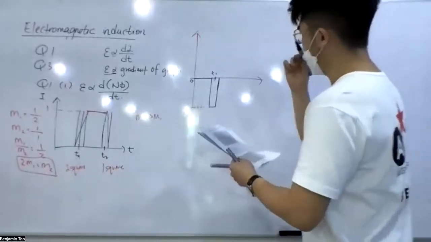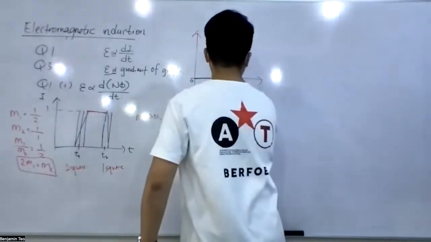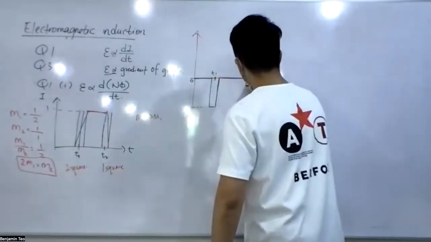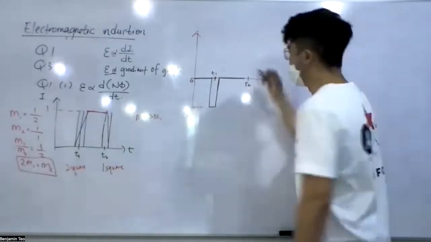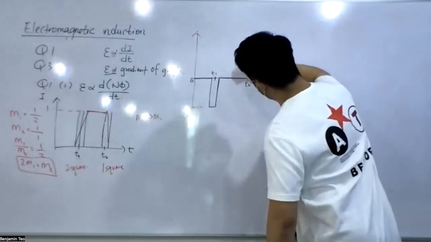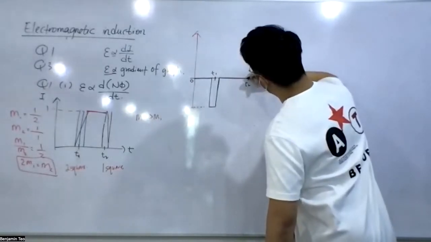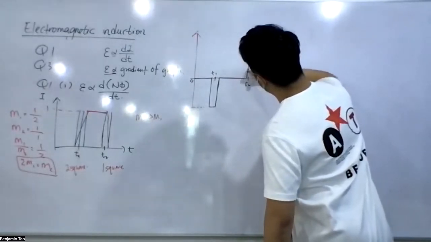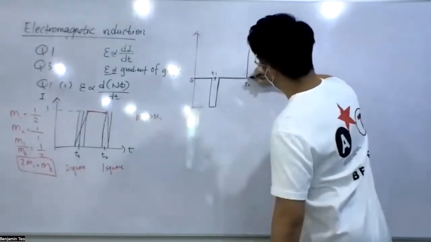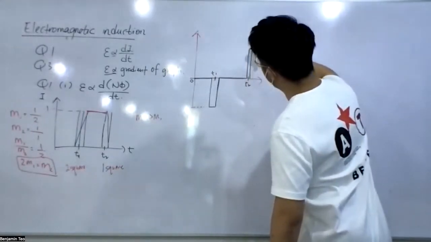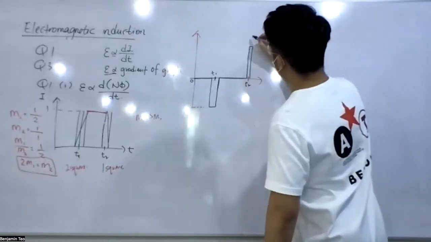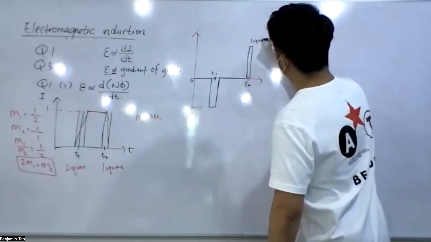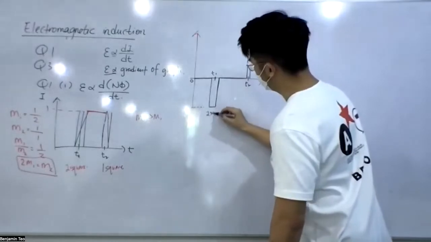Okay, and then draw a horizontal line all the way to T2. All the way to where? Half a box before T2. Half a box before T2. And then the width of this rectangular block is just 1 square. This one is 2 squares.